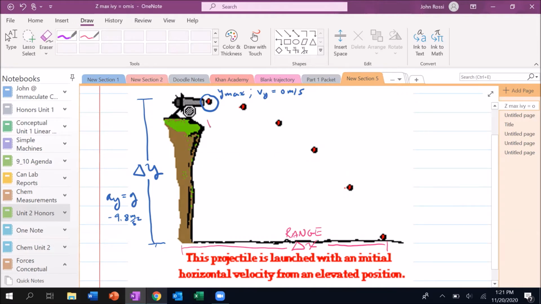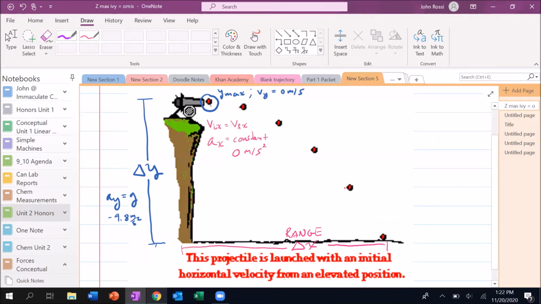So the initial velocity in the x is equal to the final velocity in the x. So therefore, acceleration in the x is constant, or 0 meters per second squared constant. There is no change of acceleration in the x.